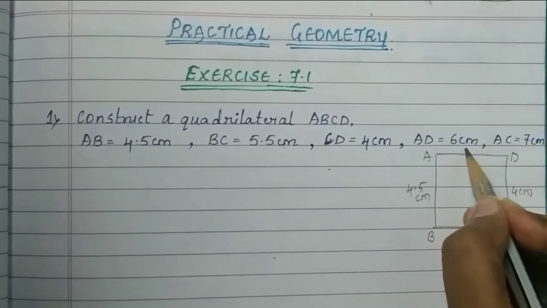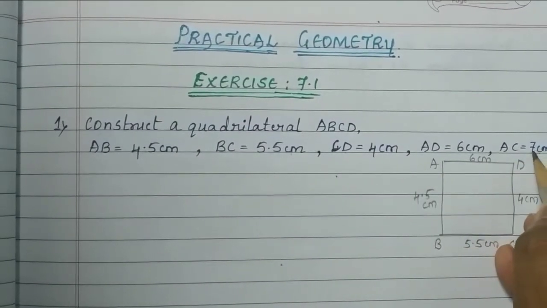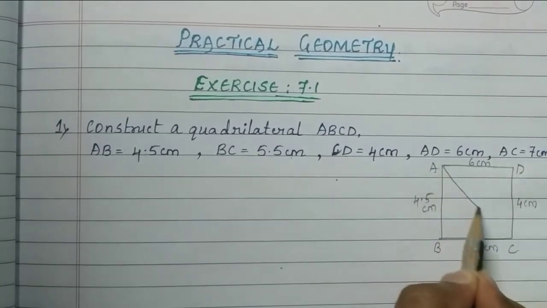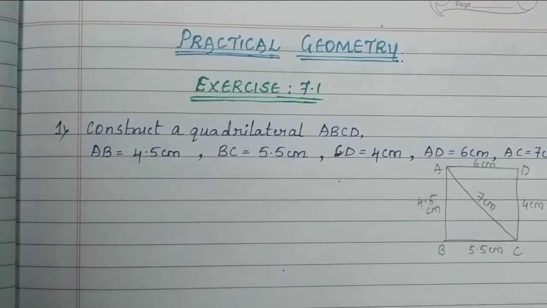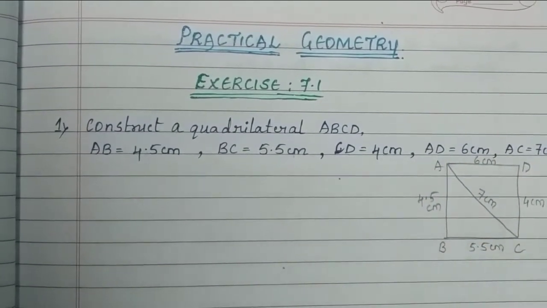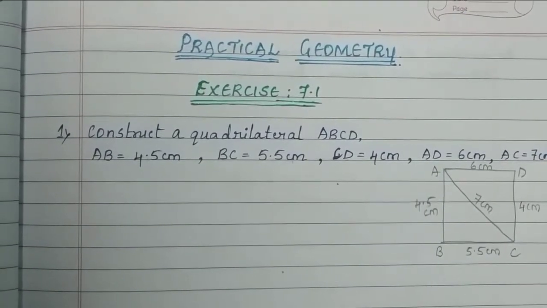AD is 6 centimeter and one more they have given, that is AC. AC must be equal to 7 centimeter. So our AC is here and this must be equal to 7 centimeter. So this is our rough diagram. According to this rough diagram we have to draw the actual diagram with the correct measurements.